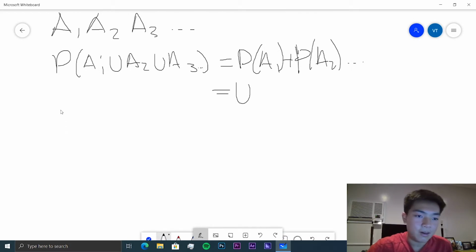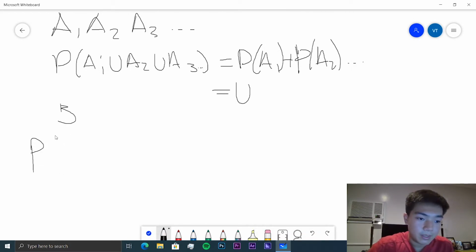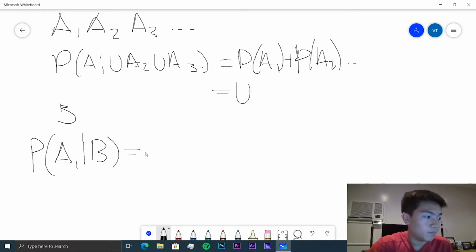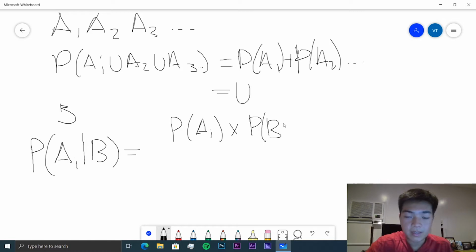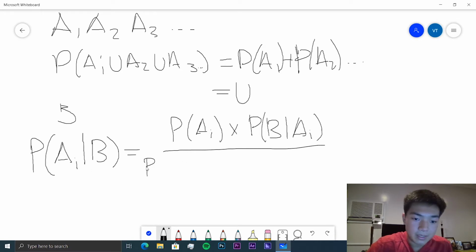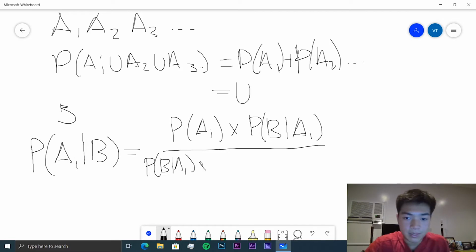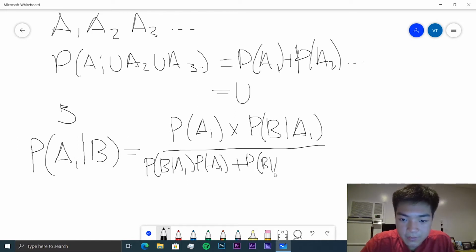And if we have an arbitrary event B, then we actually have the probability of one of these events happening, given that B happened, is equal to the probability of this event happening times the probability of B occurring given that this event happened, divided by the probability of B occurring given that the first event happened times the probability of A1, plus the probability of B occurring given the second event, and so on.